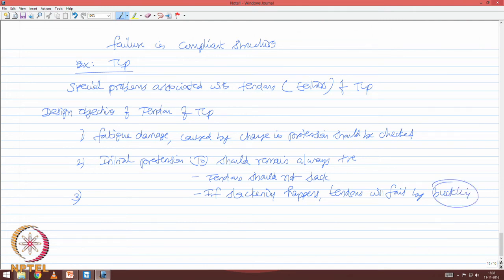So, that is an important failure mode in one of the commonly used compliant structures, which is the tension leg platform, which is a foremost design objective. The third objective, as we all know, is that the maximum axial tension should not be more than the allowable value, otherwise it may result in tether or tendon pull out.